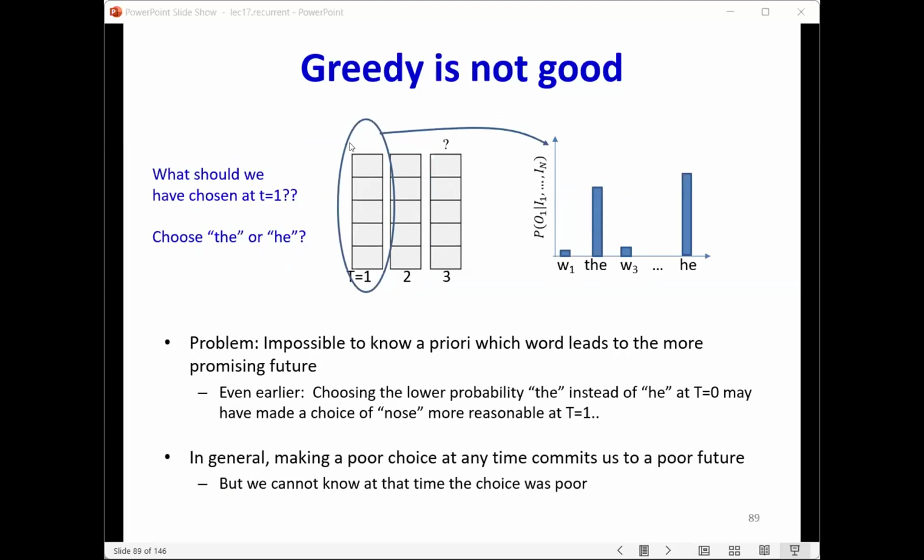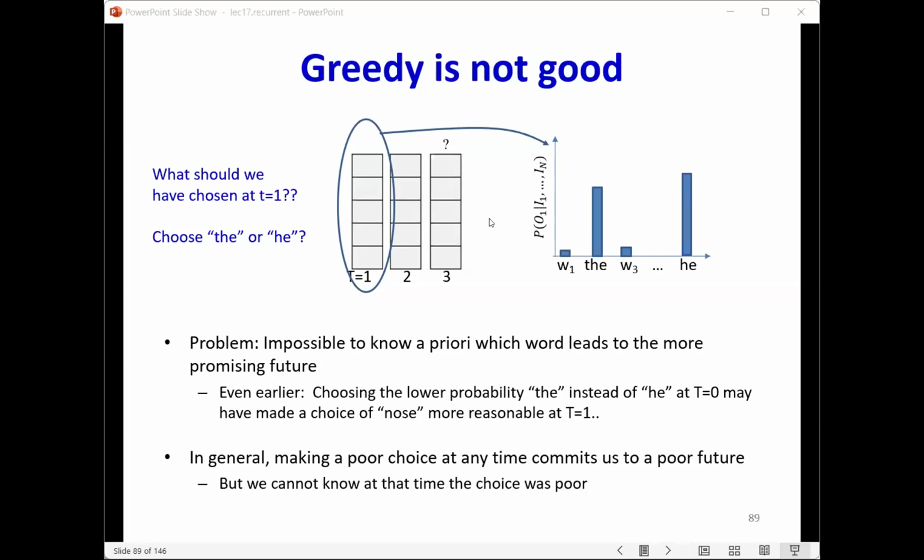Maybe in the very first word, you had a choice of he and the, and he scored slightly higher, so you chose he, right? That gave you the nose confusion at the next time. And then subsequently you got he knows something. But if you had chosen the over here, then the choice of nose with the N at the second time would be more reasonable.